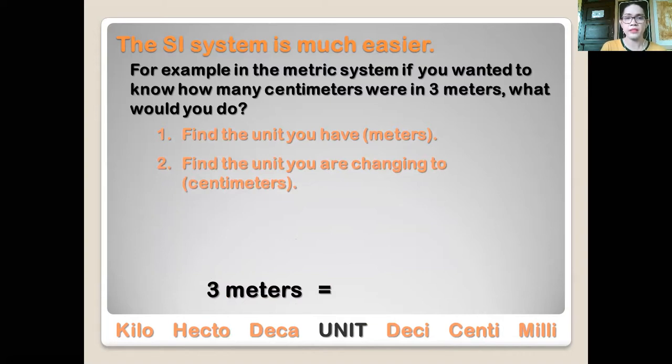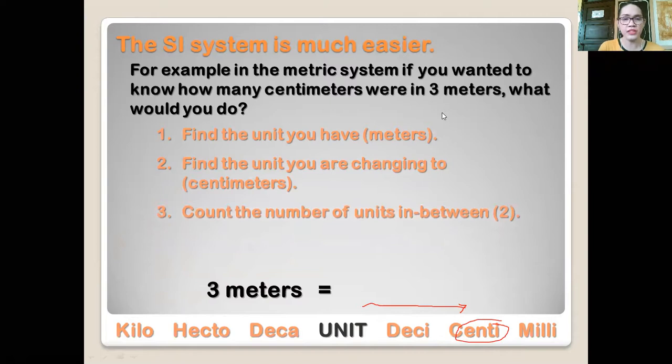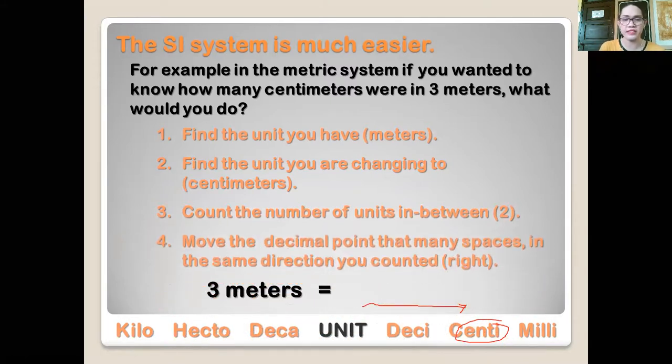From the meters you have, look where the centimeters are. It is going to the right side. Next, count the number of units in between, 2. Then move the decimal point that many spaces in the same direction you counted. So we have 300 centimeters.